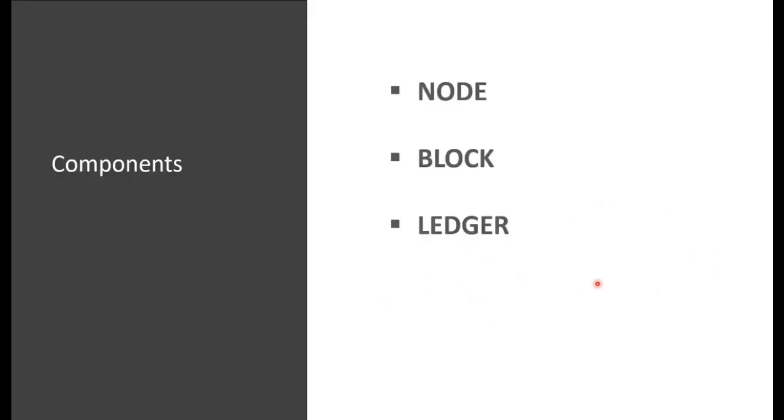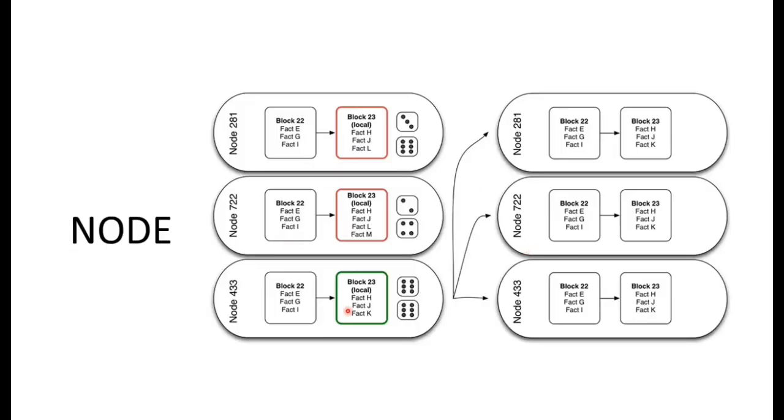So the basic components of a blockchain are the node, or the host or computer on which the blockchain is running, the block itself, and the ledger. And this is a good picture right here because it shows these are individual nodes. We can see the nodes are hosting the blocks, and we can see here the blocks are generally the same.